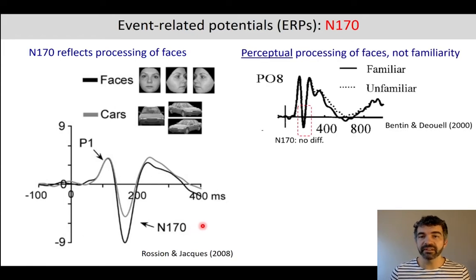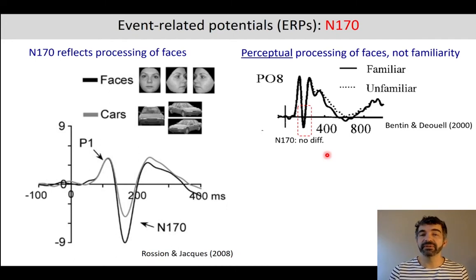To test this, Bentin and Deouell did an experiment where they compared the N170 between familiar and unfamiliar faces, but it was actually the same. Only later there was some difference, but the N170 was not affected by the familiarity of faces. So that's one confounding variable we can exclude. And of course there were similar experiments done like that.